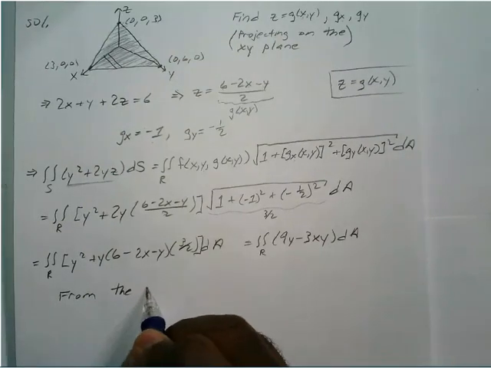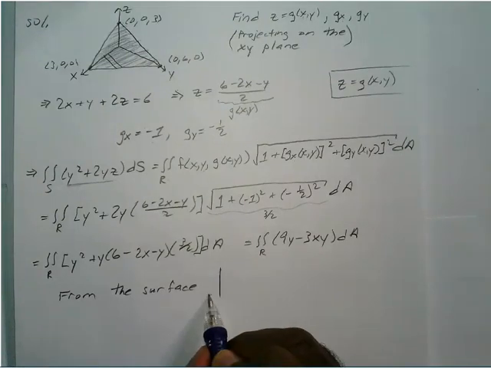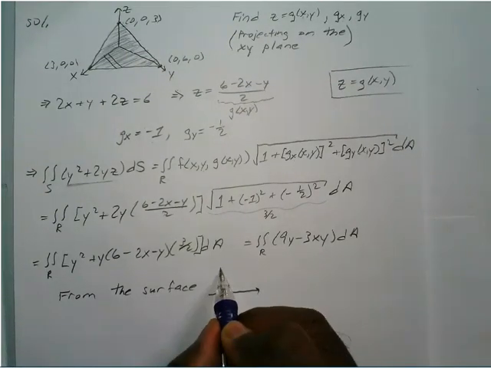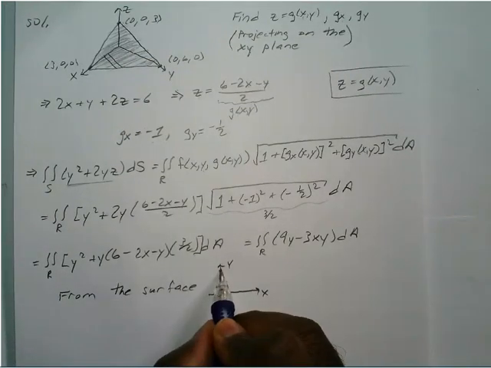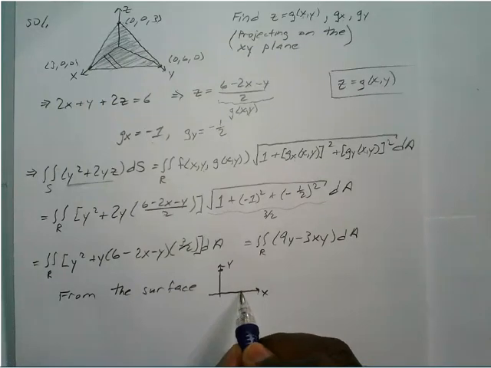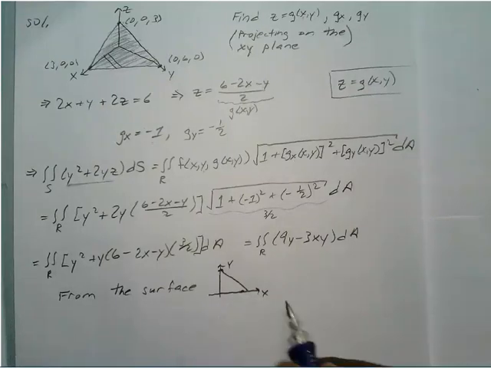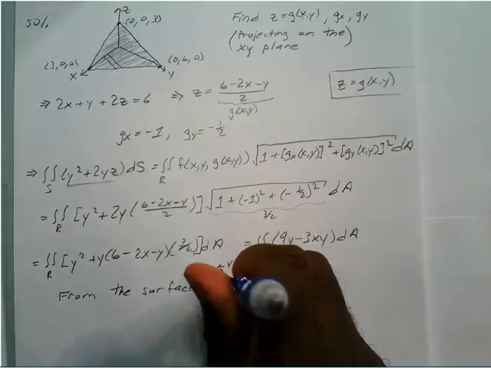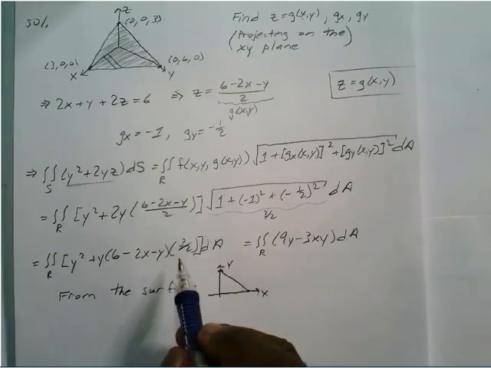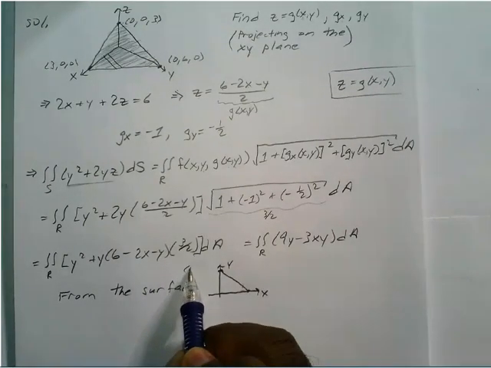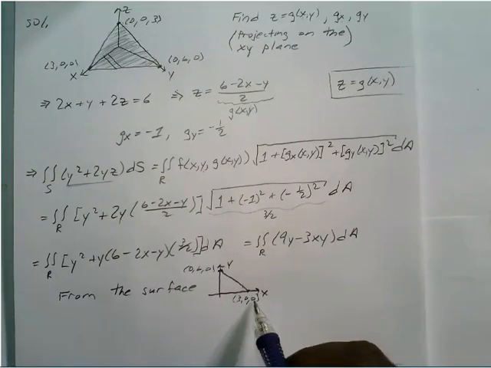From the surface, we have our x and our y. Remember, this is 0, 6, 0 and 3, 0, 0.